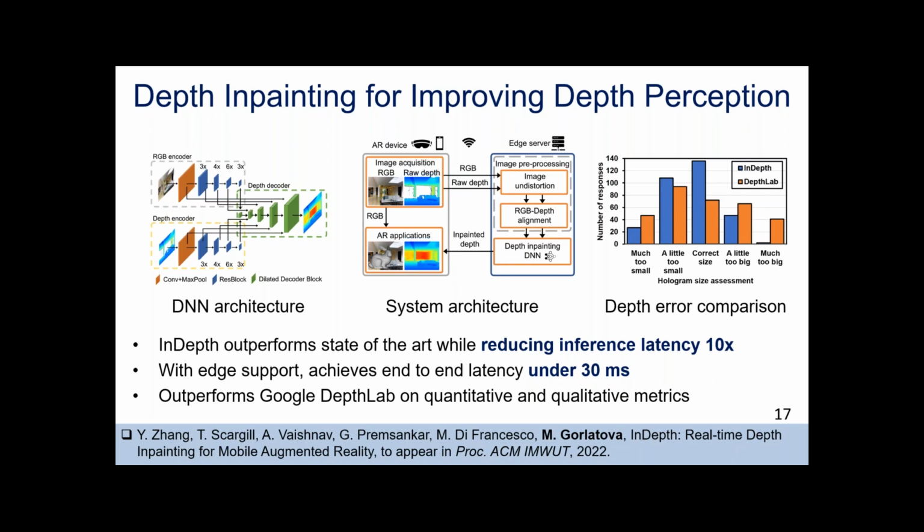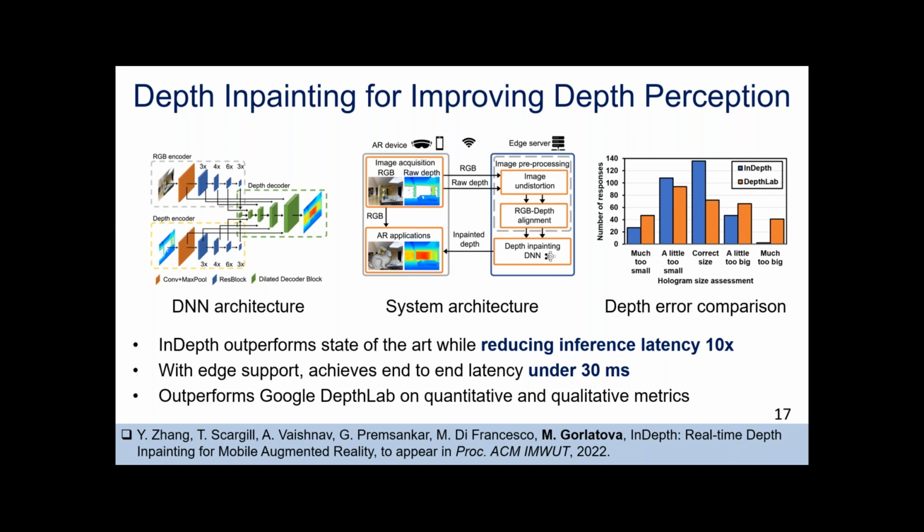And overall, end-to-end, this processing, from the time that we capture the frames to the time that the frames can be used by the AR applications, takes under 30 milliseconds, which essentially allows us to run at the frame rate in many applications. And as I mentioned, our work outperforms the academic state of the art, existing DNNs.